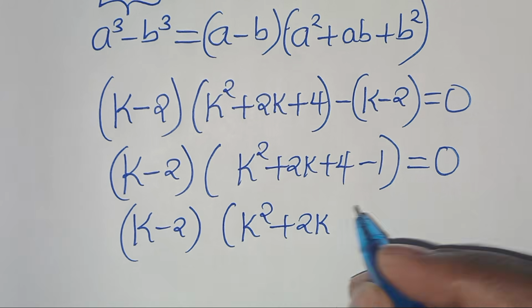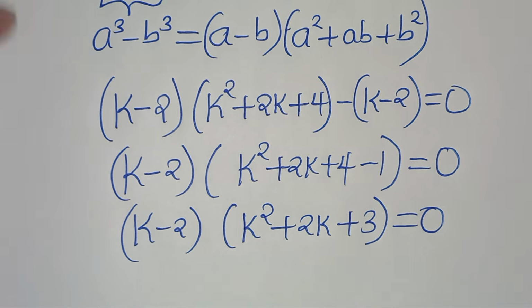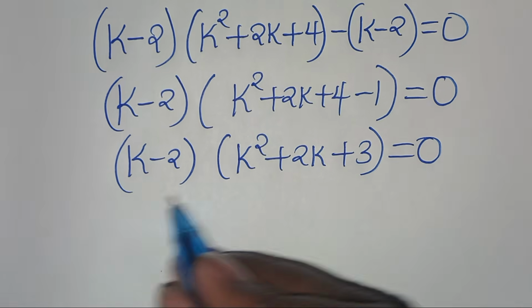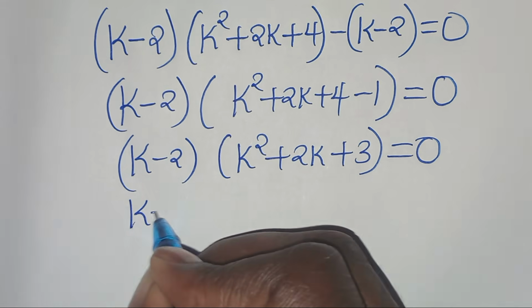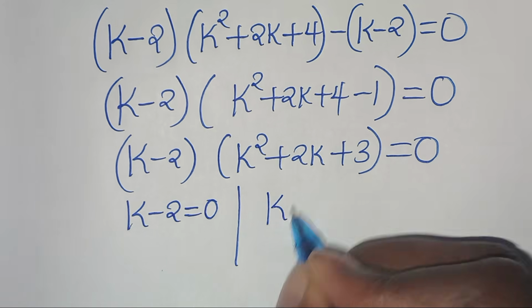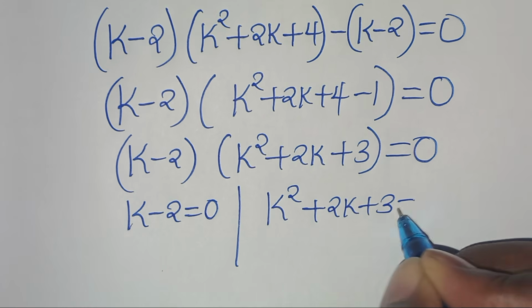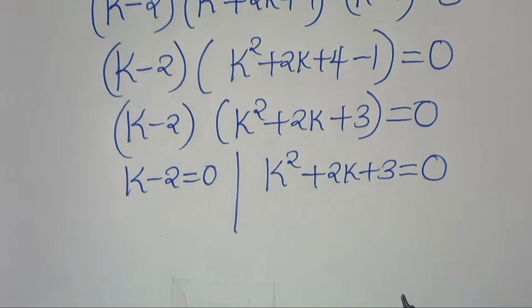We have 4 minus 1, this is plus 3, and this is equal to 0. Now we have got two parts here. We have k subtract 2 equal to 0. Then we have k to the power of 2 plus 2k plus 3, this is equal to 0.